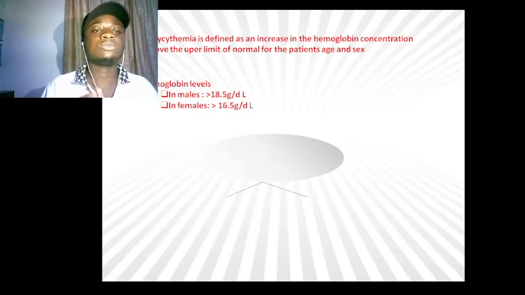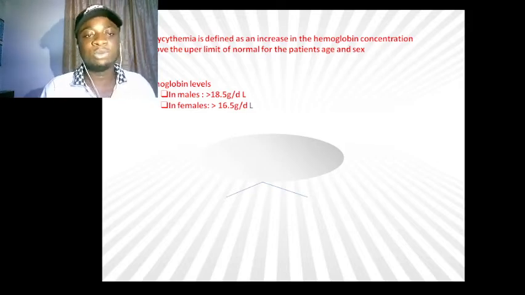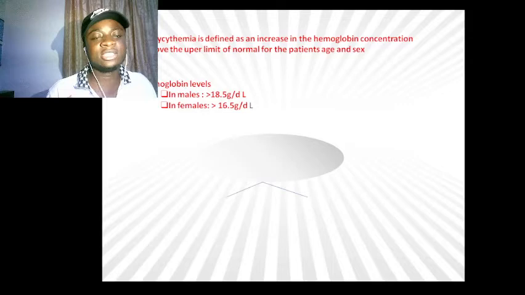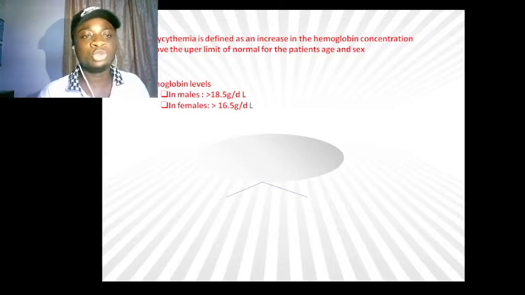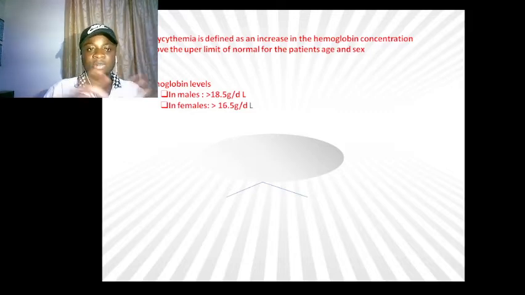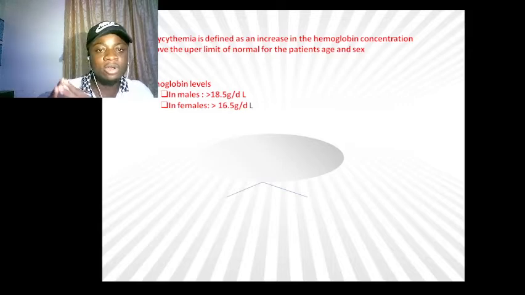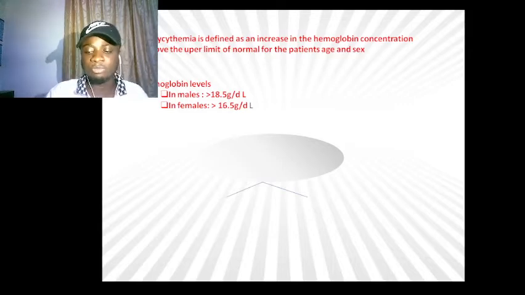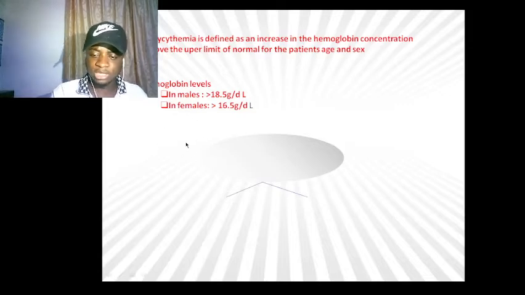Now if the hemoglobin exceeds 16.5 in females, then we can say that patient, being a female, also has polycythemia. Always remember that in males, whenever the hemoglobin exceeds 18.5 grams per deciliter, there is polycythemia. In females, if it exceeds 16.5, then there is polycythemia.